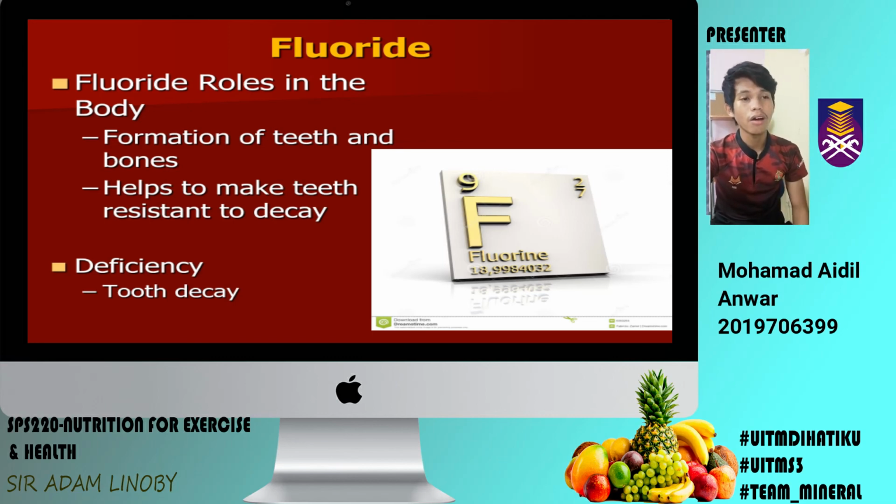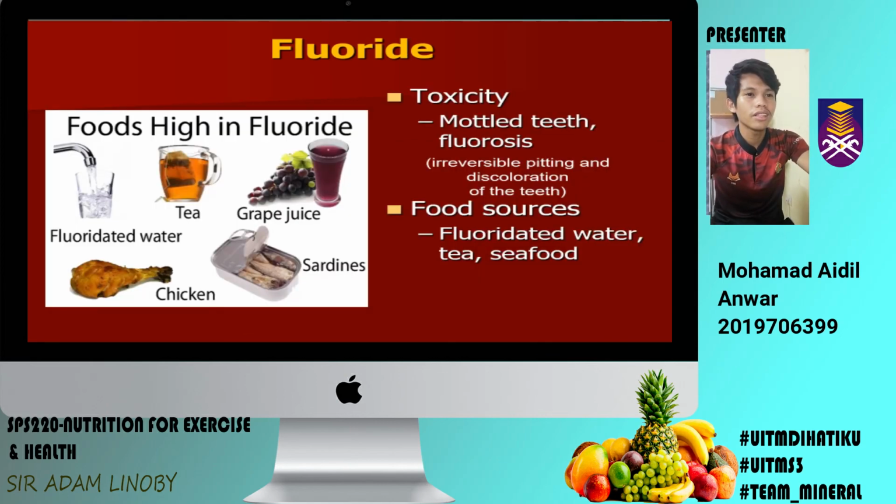The deficiency of fluoride will lead to tooth decay. The toxicity of fluoride is mottled teeth, or fluorosis, irreversible pitting and discoloration of the teeth. Food sources of fluoride are fluoridated water, tea, and seafood.